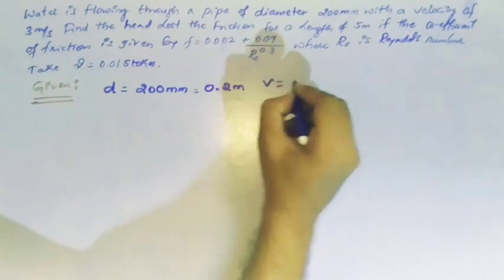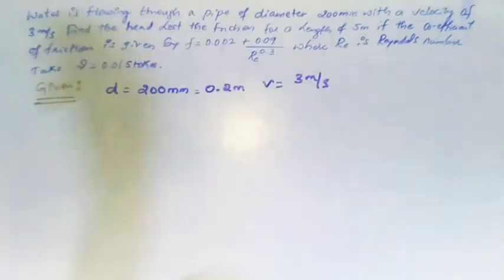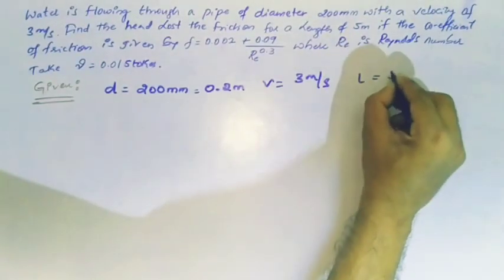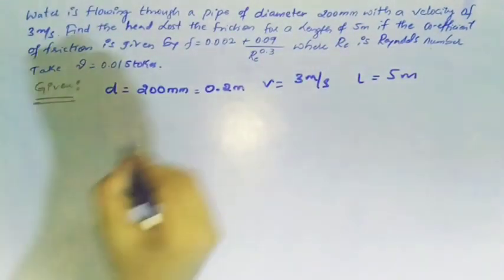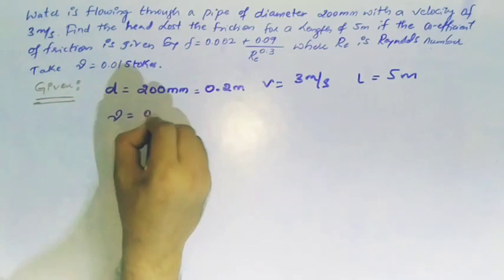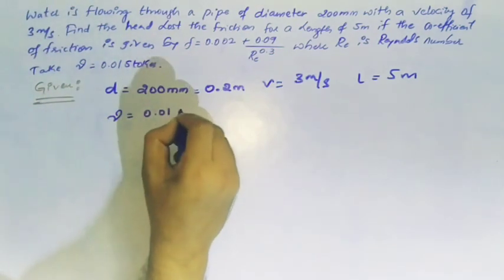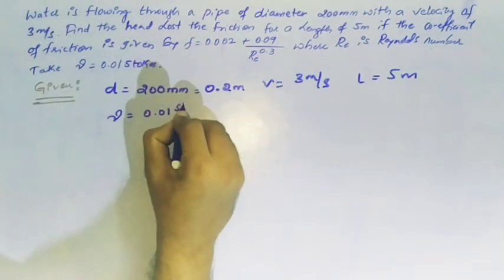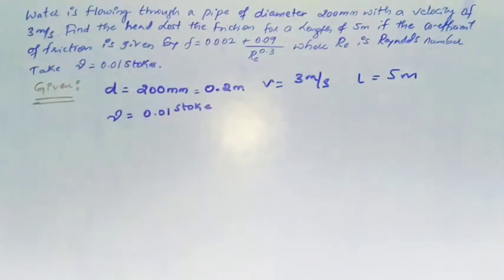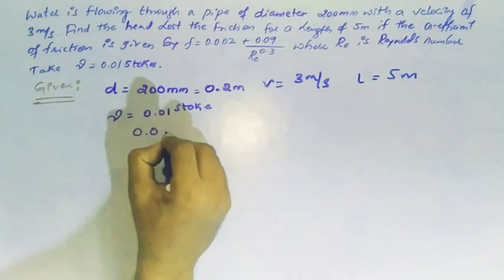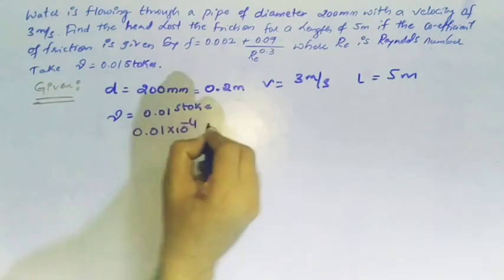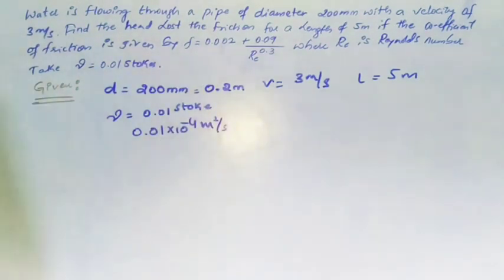Then the velocity is given, that is 3 meter per second. Then the length is given, that is 5 meter. Then kinematic viscosity is given, that is 0.01 Stokes. If I convert that into meter square per second, it will be 0.01 into 10 raised to minus 4 meter square per second.